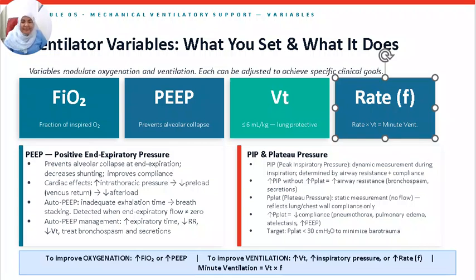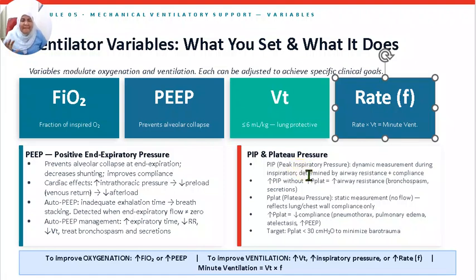Thus, it decreases cardiac output. Then the patient will suddenly deteriorate. This is most common in patients with bronchospasm. So the treatment will be to lengthen the expiratory time, reduce the ventilator rate, reduce the tidal volume, and treat the bronchospasm.